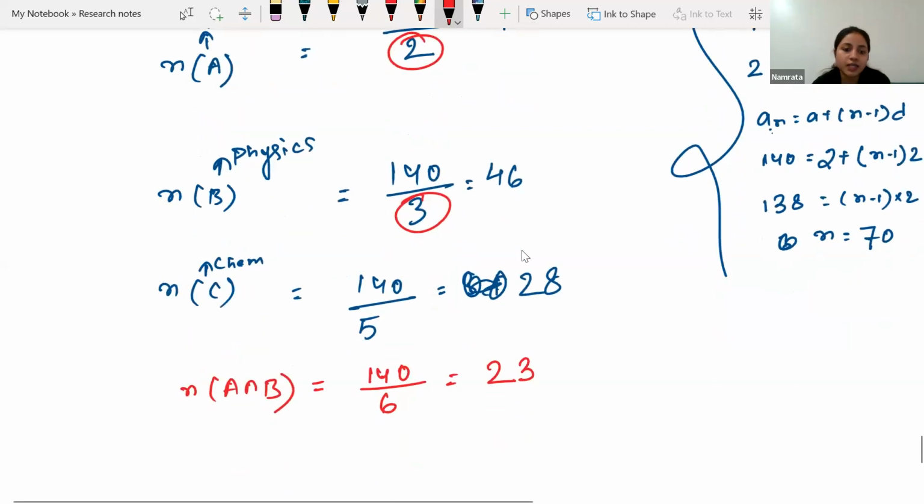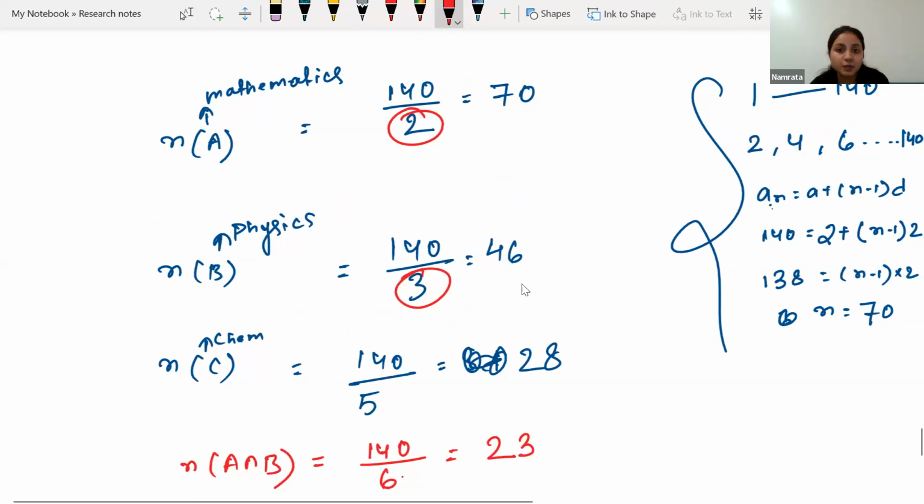Are you getting how I have written 6 over here? I am saying the number which is divisible by 2 also and 3 also. So combining these two cases, we can say the number which is divisible by 6. Yes or no? Yes, ma'am. Yes.